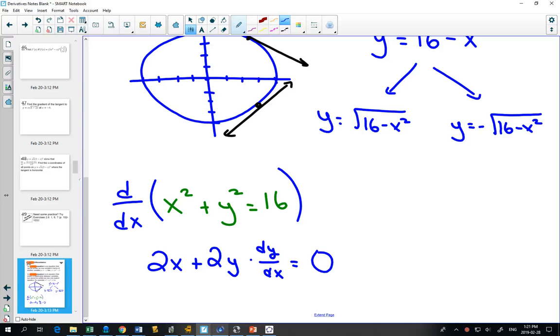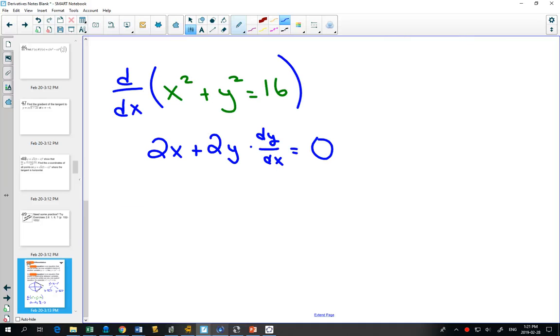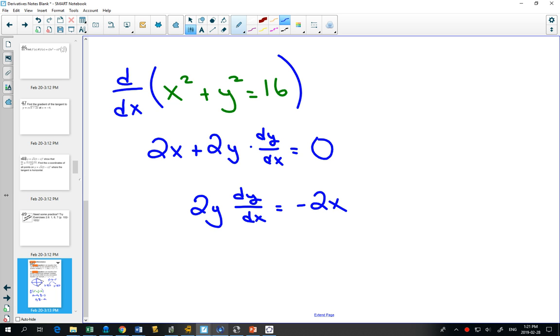And what this allows me to do at this point is rearrange this equation and say 2y dy/dx is equal to negative 2x, and divide both sides by 2y, and my derivative is equal to negative x over y. The 2's would simplify away. And so I have an expression for my derivative that's in terms of x and in terms of y.